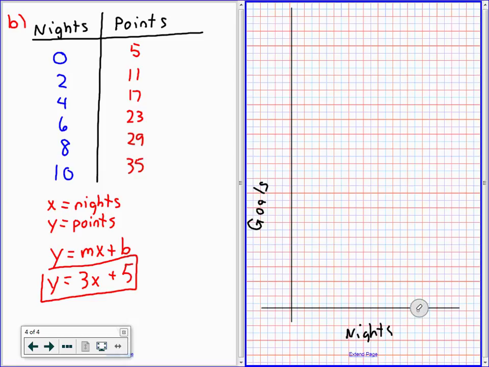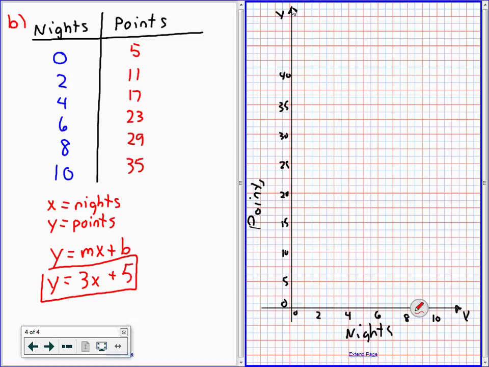Points, right, thank you. You guys just do a rough sketch, that's fine. I don't want this to take the whole rest of the class to do. I want this to be fast.